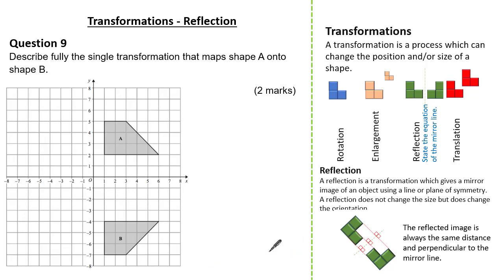Now let's look at another similar question where we're asked to describe fully the single transformation that maps shape A to shape B. This is also 2 marks. See if you can give it a go and press pause if you need.